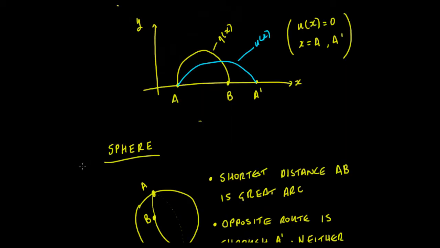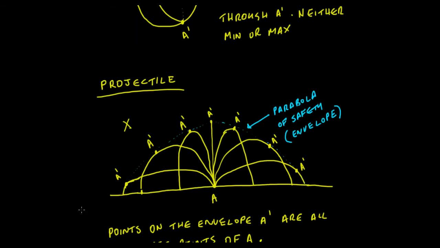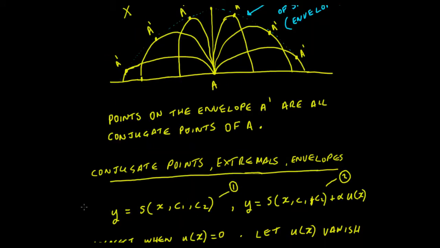Now we also know that the only other place where u of x is going to vanish is at this other point A dash, which is going to be our conjugate points. So it would be this A dash here, or all of these A dashes here that cover this envelope.